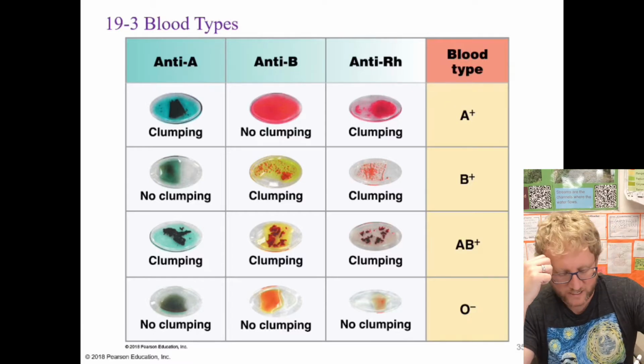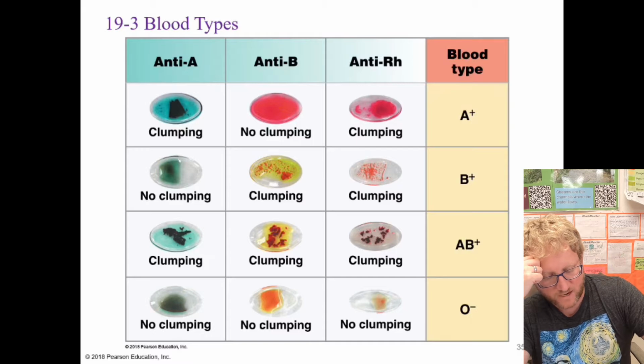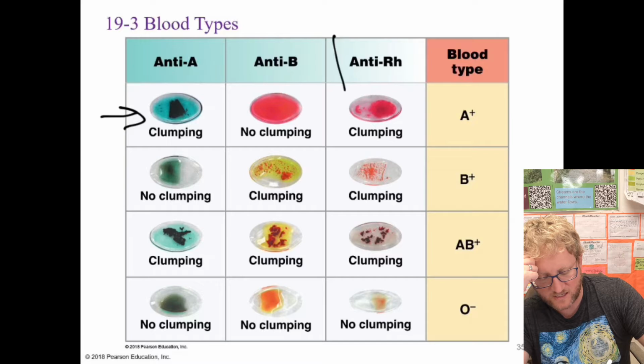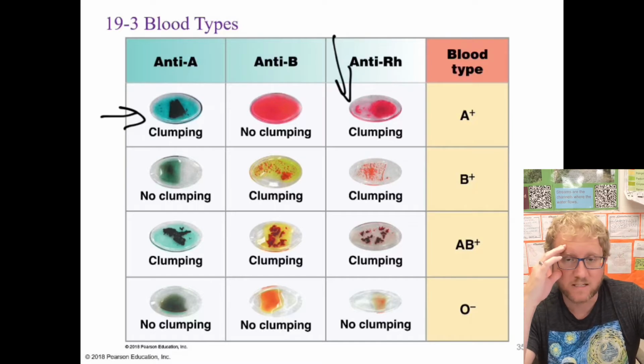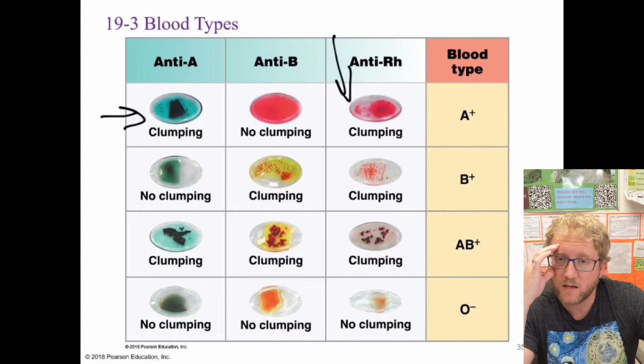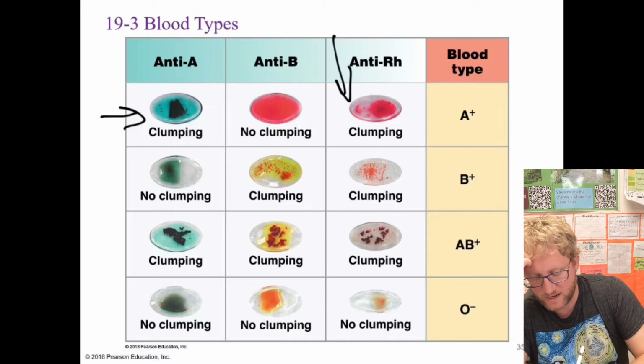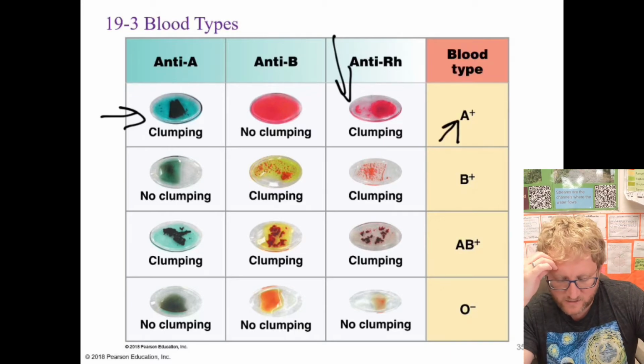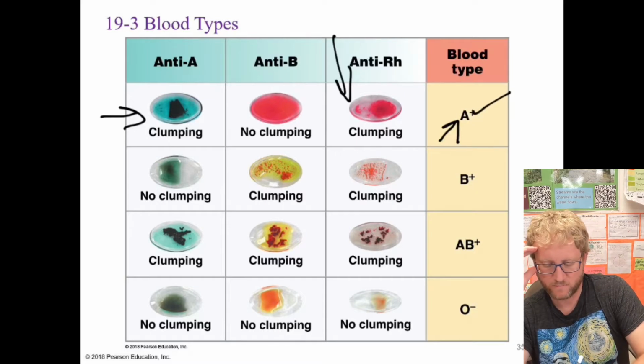So in this first one, I've got clumping in the anti-A and clumping in the anti-Rh. That means that my blood cells have A antigens, so they are type A, and they do have Rh antigens, which makes them positive.